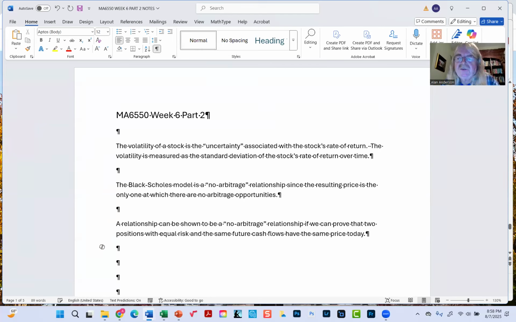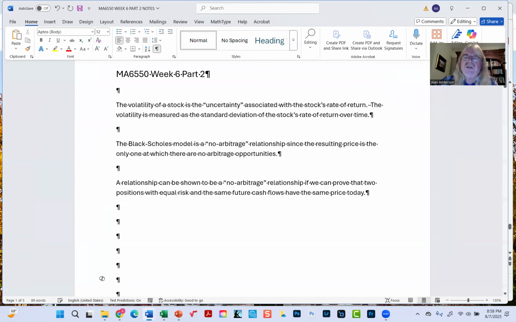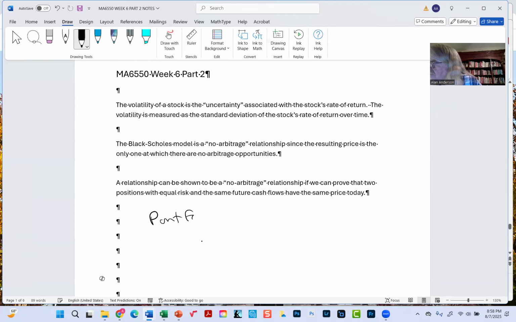So that's the logic on which all of this is predicated. So imagine yourself with two portfolios of assets.